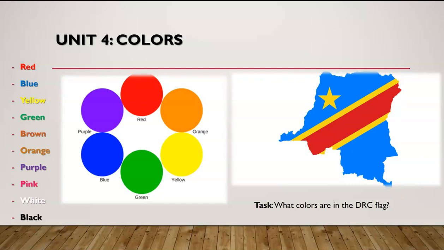Those of you who are familiar with Central Africa, this is DRC, and this is its flag. Now, what colors do we find in this flag? You need to tell. As I told you, this is a short lesson.